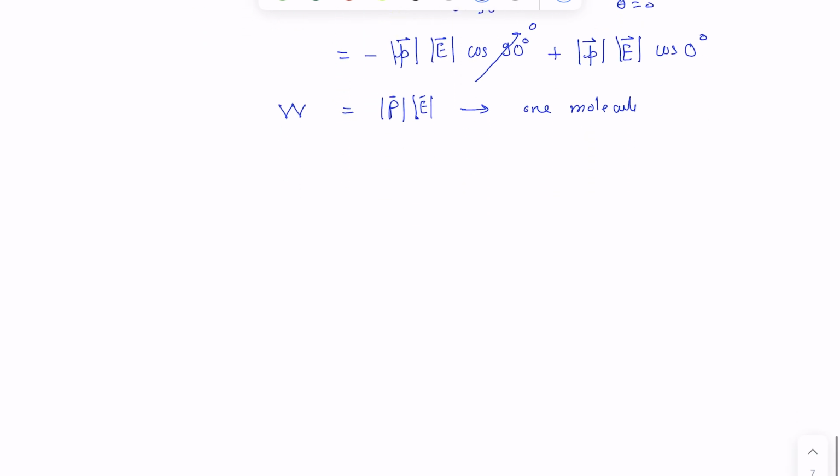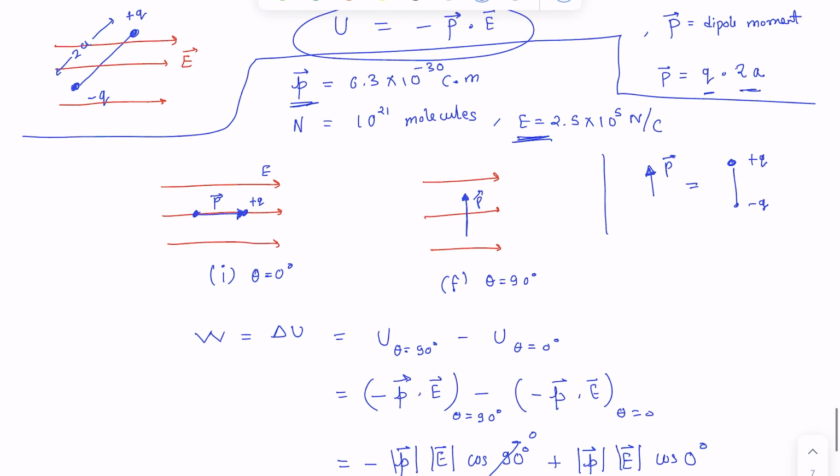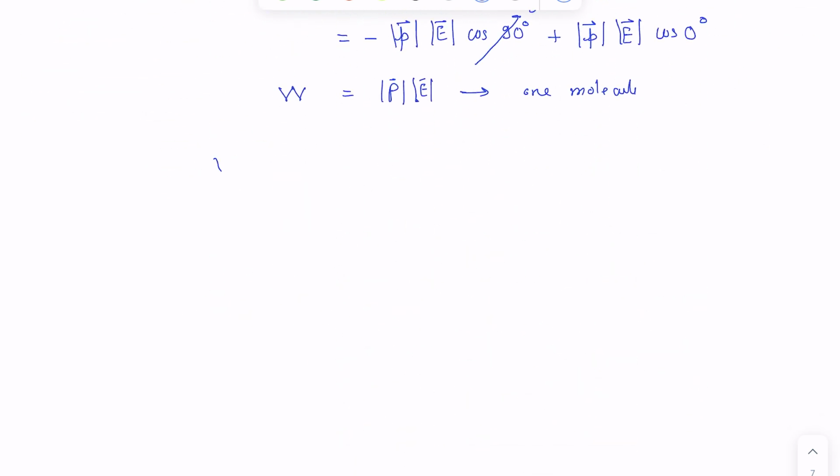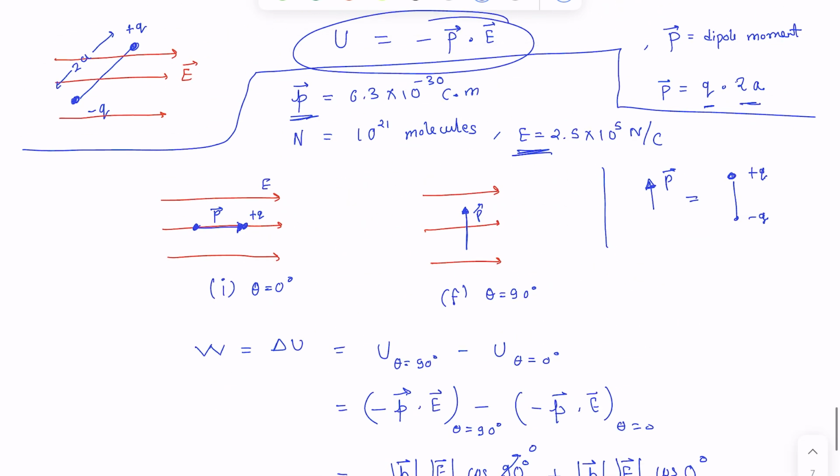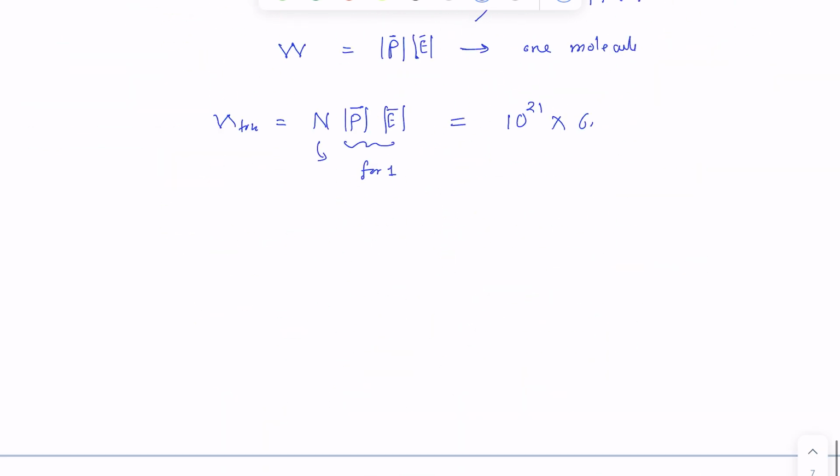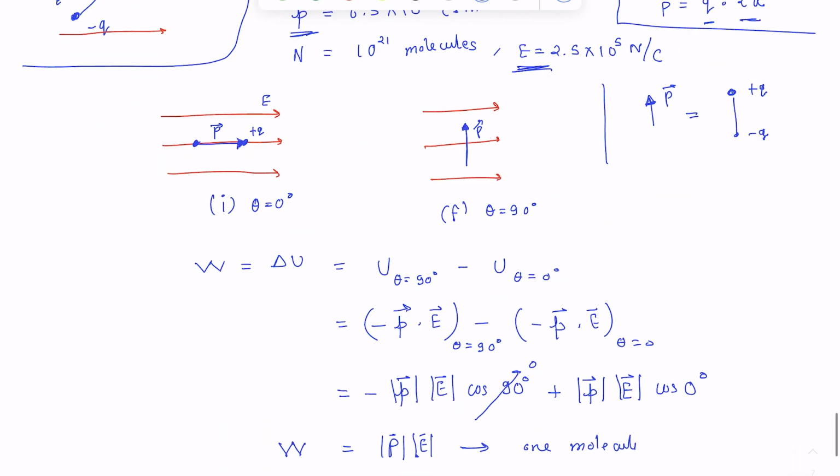Now to get the total work done on each of these molecules, and there are 10 to the 21 molecules, you just do this. Total equals the number of molecules times p times E. One multiplied by N number is going to give you the total work done, and if you plug in the numbers, it's going to be 10 to the 21. P is 6.3 times 10 to the minus 30.